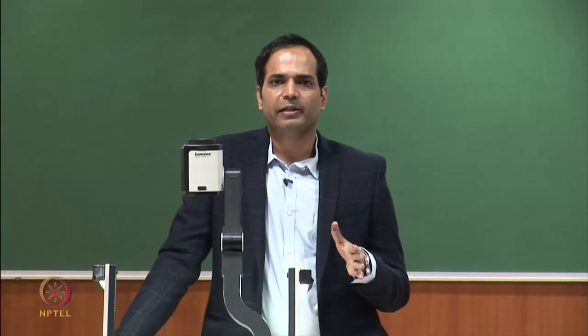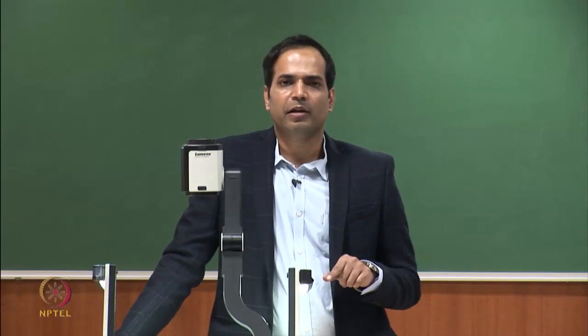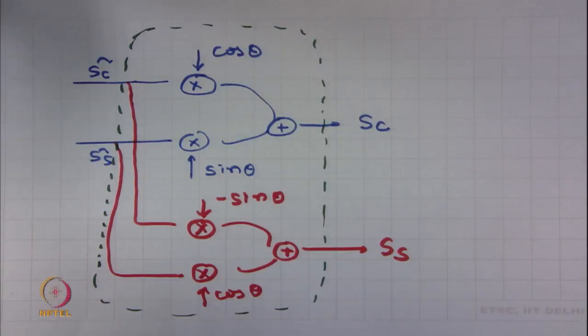Because the basic difference between coherent and non-coherent receivers is that we assume the coherent receiver has complete information about the frequency and phase of the carrier used at the transmitter, or it can synchronize itself to the phase and frequency of the carrier, or it can use a structure like this to get rid of the frequency and phase offset.